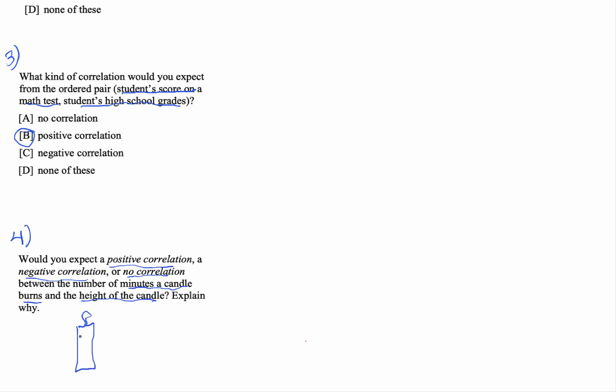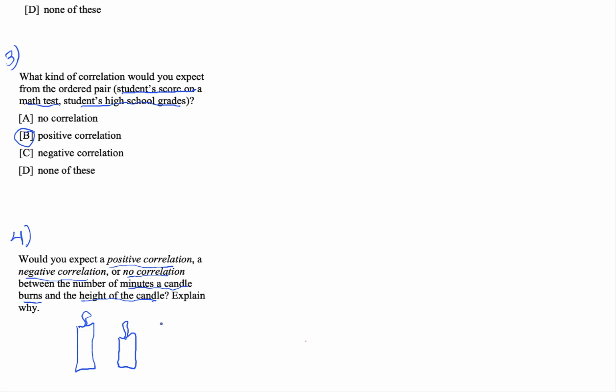And then as the candle burns, the time is going to increase. Now, as the time increases, what happens to that candle? Does the height continue to increase or does the height decrease? Now, because it's a candle and it's made of wax, as the time increases, the candle will start to shrink.